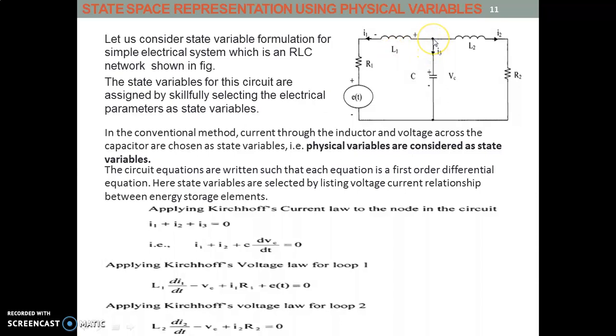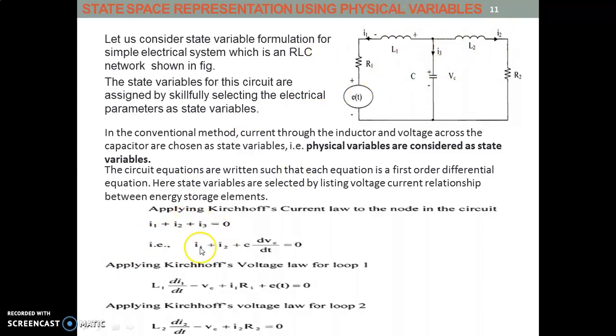At this node, the sum of the currents is equal to 0. That is KCL only, right? Entering currents is equal to leaving currents. If you see here, all the currents are leaving at this node: I1, I2, I3. So I1 plus I2 plus I3 equal to 0.